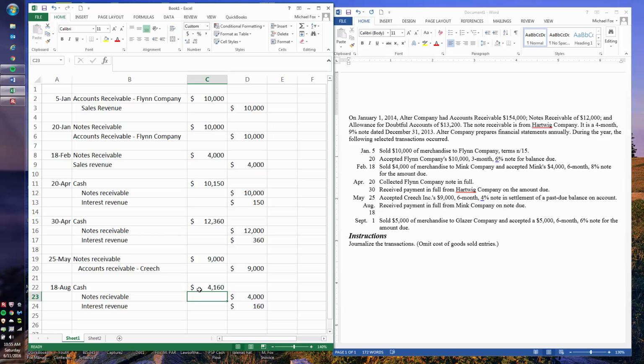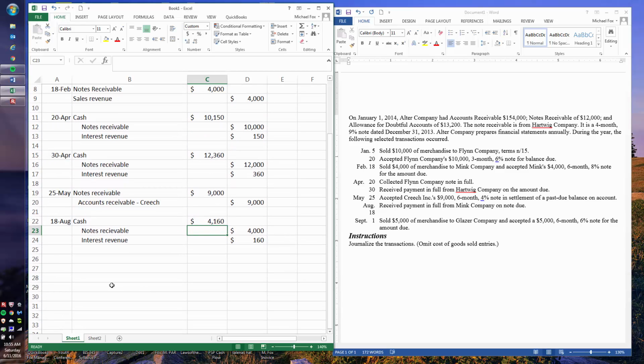All right, finally we have our September 1st transaction. Sold $5,000 in merchandise to Glazer Company and accepted a $5,000 6-month 6% note for the amount due. Again, this would be just like our January 5th transaction.